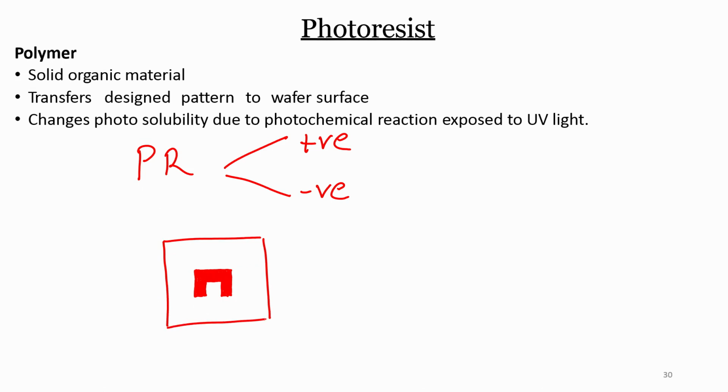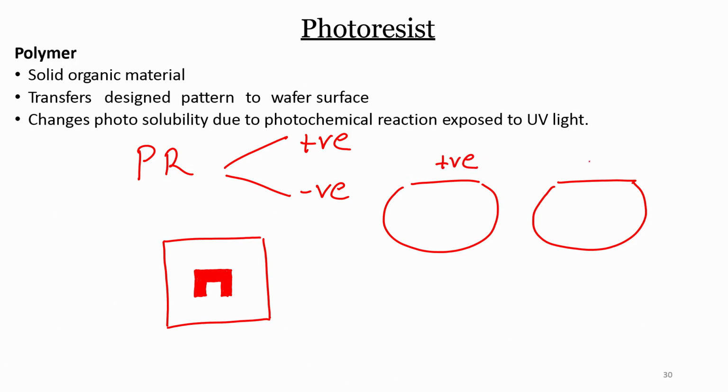Okay. Now, there are two wafers, or let us draw the top view of the wafer rather than the cross sectional view. There are two wafers. One wafer is coated with positive photoresist, second wafer is coated with negative photoresist. This is your mask.